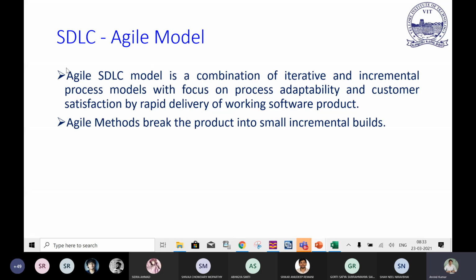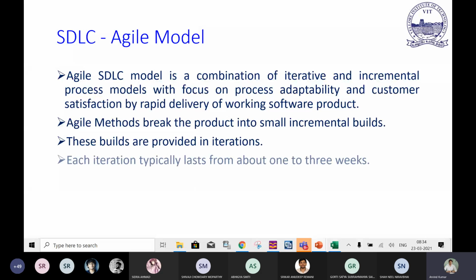So as I said, the complete project would be divided into small modules and then certain increments, and step by step it would be followed. Let's see its block diagram. These builds are provided in iterations. Each iteration typically lasts about 1 to 3 weeks.